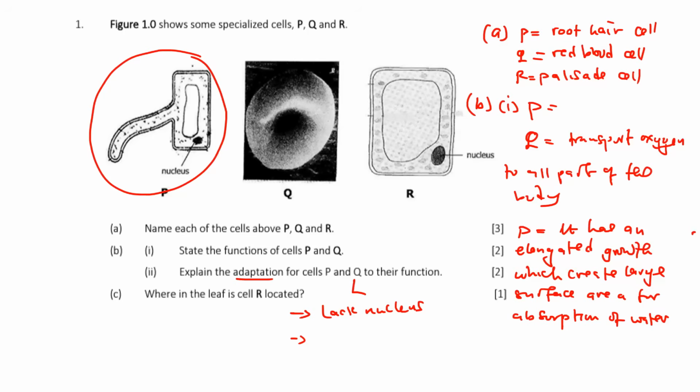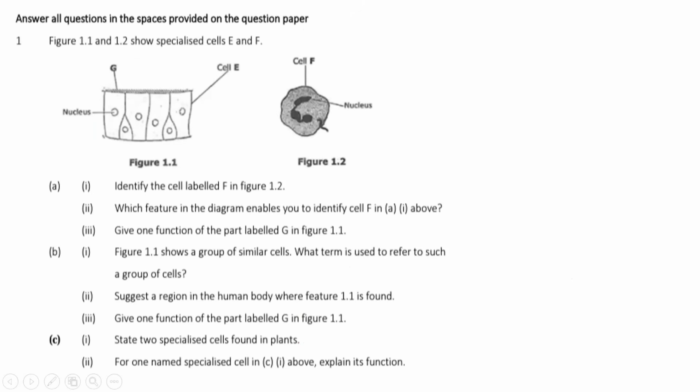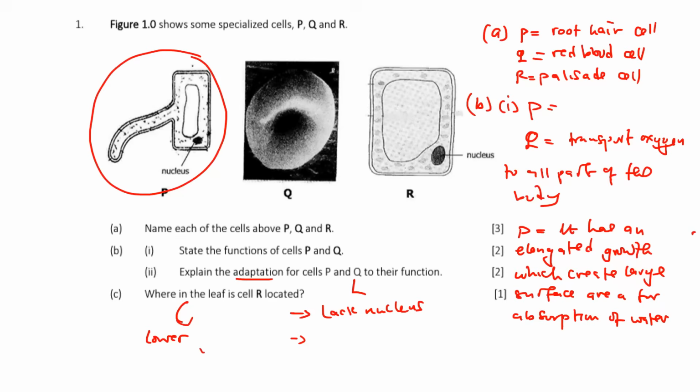Now, just like I said, the other question that you expect is where they are found. So where in the leaf is cell R found? It is found in the upper epidermis.